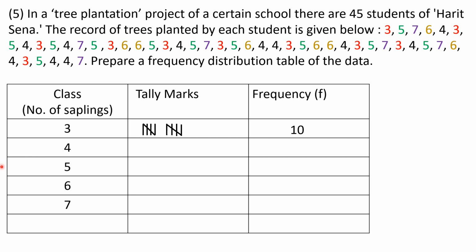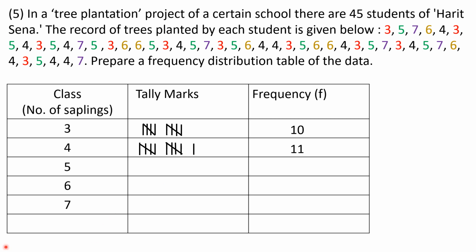So you'll put 11 tally marks: 1, 2, 3, 4 and the fifth one will be slanting. So 5, then 6, 7, 8, 9, then again slanting, and then one more for 11. Okay, student, this is a group of 5 plus 5, 10 and 1, 11. So we'll write down 11 over here.